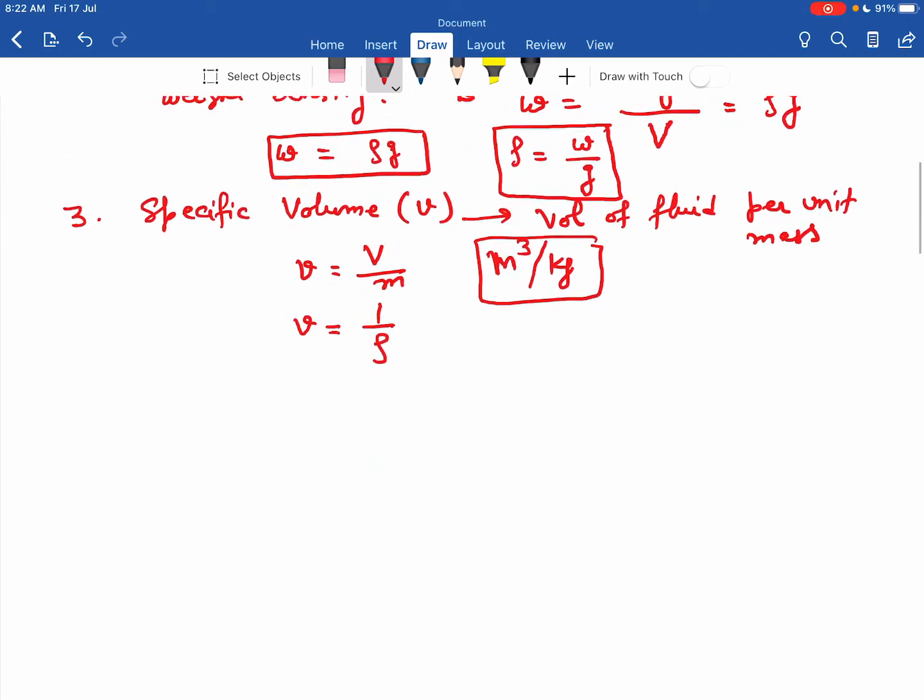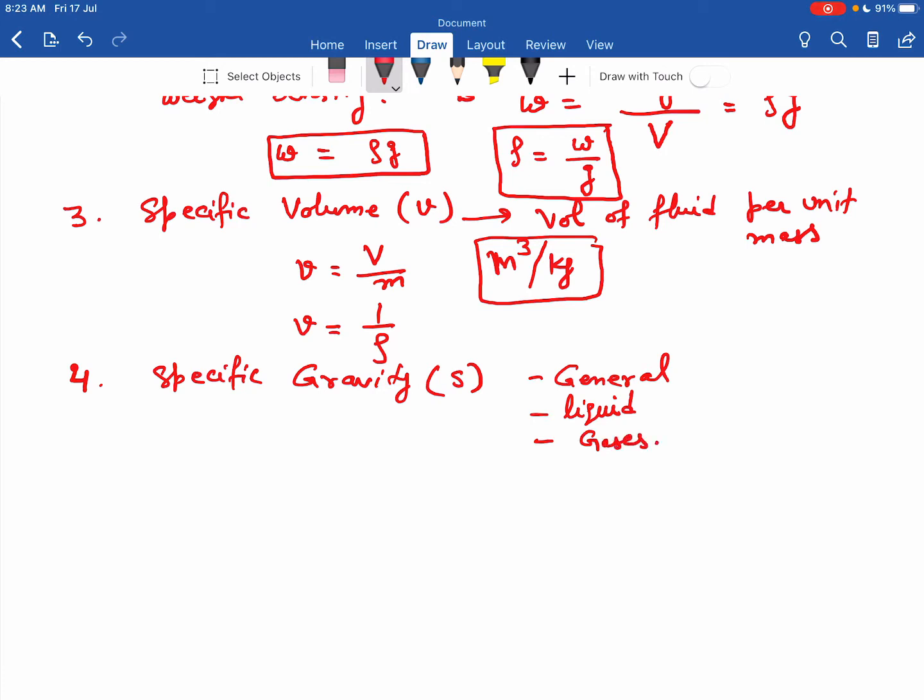Then another important property of fluid is specific gravity. The symbol is S. Now this specific gravity has three definitions. One is the general definition, second is the definition for liquid, and third definition is for gases.